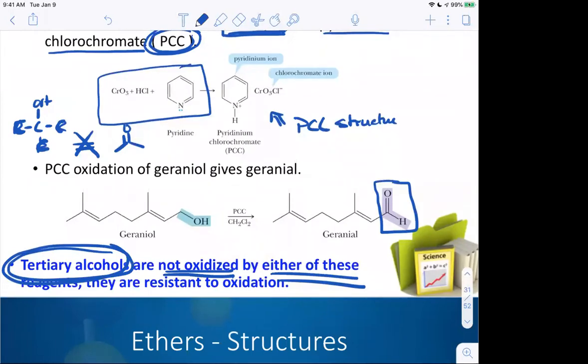So primary alcohols will oxidize to aldehydes and then to carboxylic acids using chromic acid. Primary alcohols will oxidize to aldehydes using PCC, and that is the product that I isolate. Secondary alcohols, I can use chromic acid or PCC, and I'm going to get a ketone, and tertiary alcohols do not oxidize with anything.